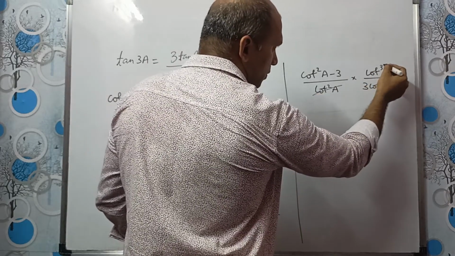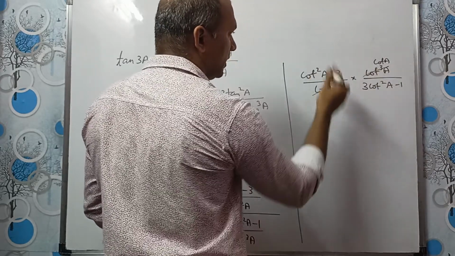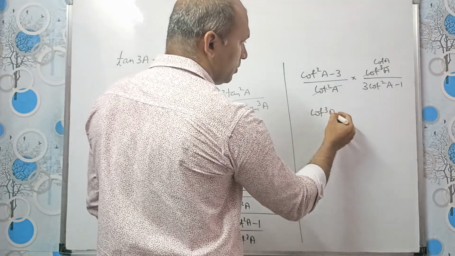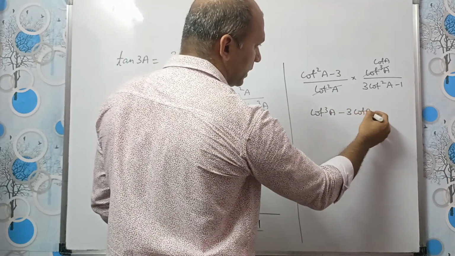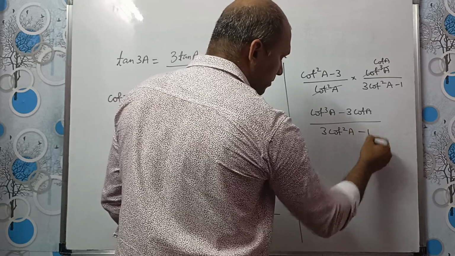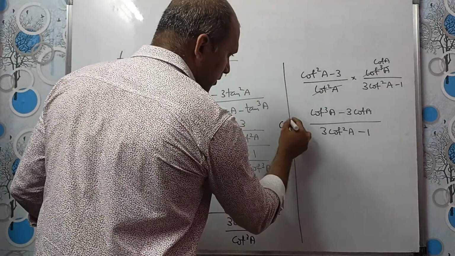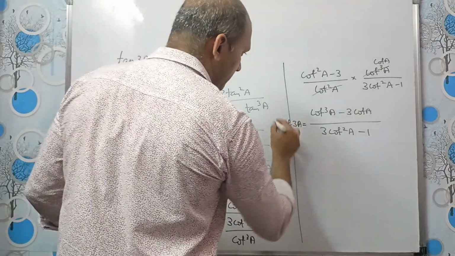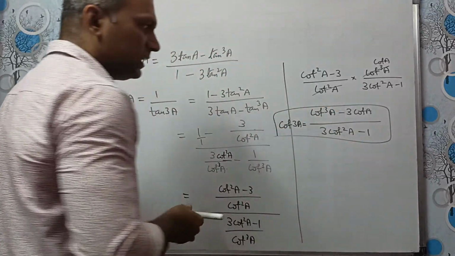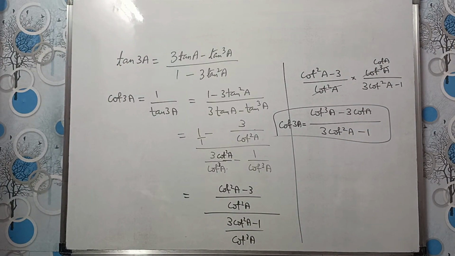So 2 cots will get cancelled. We will have 1 cot left here. So if you multiply, we will have cot cube A minus 3 cot A divided by 3 cot square A minus 1. Okay, so this is the formula of cot 3A. Cot 3A is cot cube A minus 3 cot A divided by 3 cot square A minus 1.